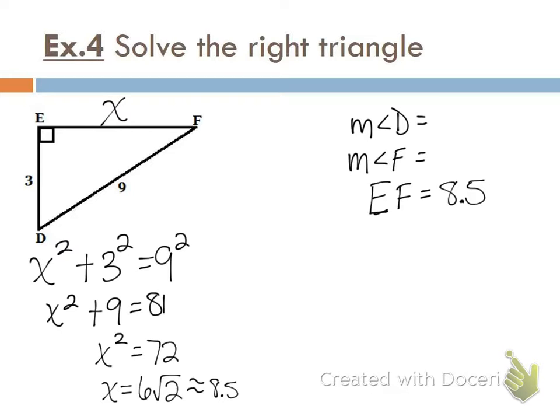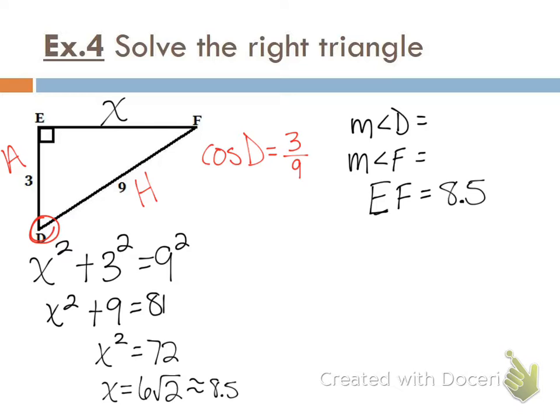Okay, to find the measure of angle D, again, I would not use anything that you had to round. So if D is our reference angle, the 3 represents which side of the triangle? Adjacent. And the 9 represents the hypotenuse, so which trig function is appropriate? Cosine. So the cosine of angle D is equal to what? 3/9.